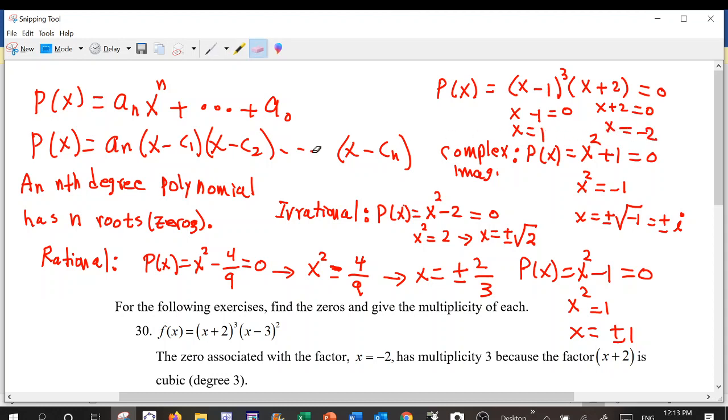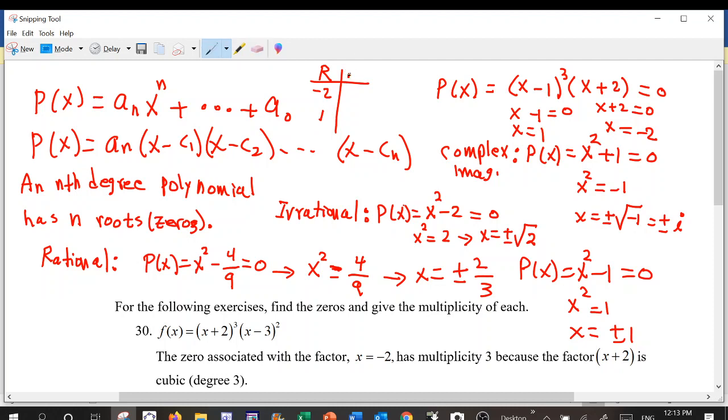Now, we just said that a degree n polynomial has to have n roots. What degree is this? This is 4th degree. If you find the leading term, that would be x to the 4th. But we only see 2 roots here. How does that work? Well, let's put them right here. So these are the roots which we found: 1, negative 2, and 1, right?